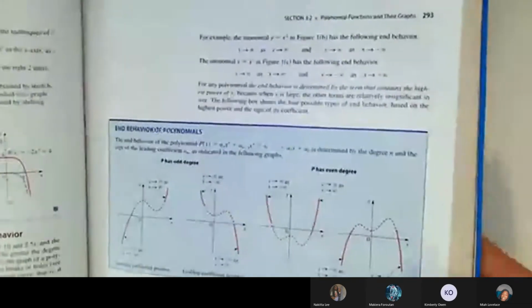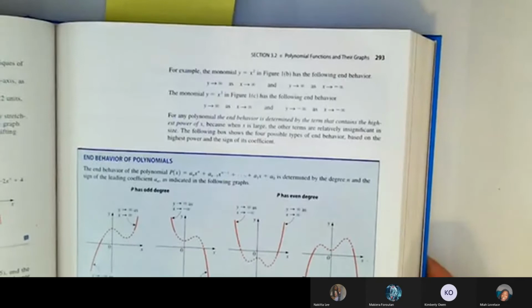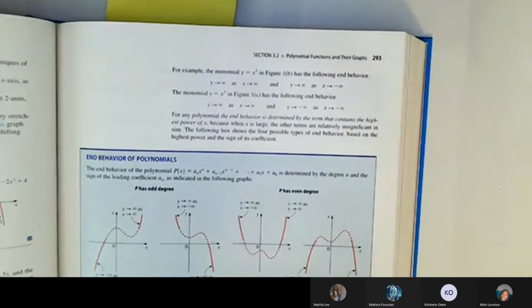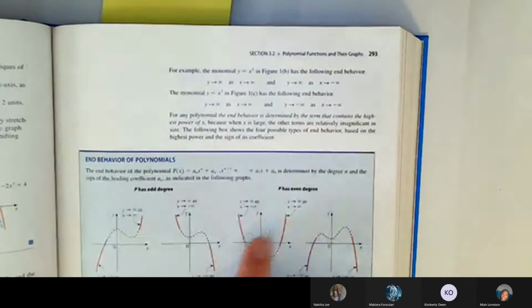That page that I gave you that has all that information for you to study, there is a nice version of that on page 293 in the text. So go to your ebook, go to section 3.2 and poke around in that section. I don't think the pages are numbered exactly the same, but you'll find this.